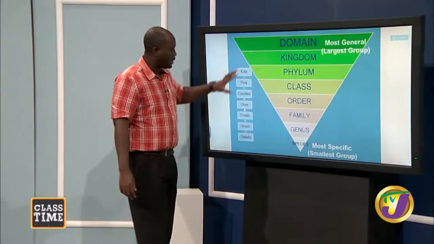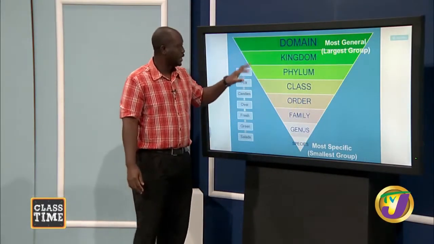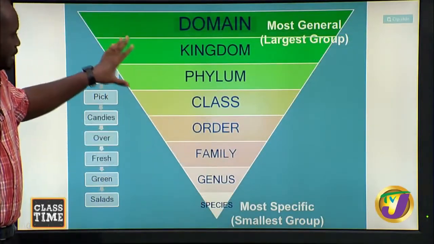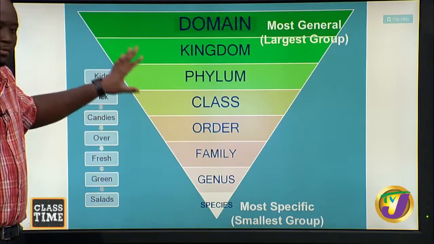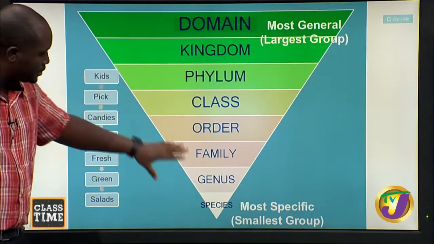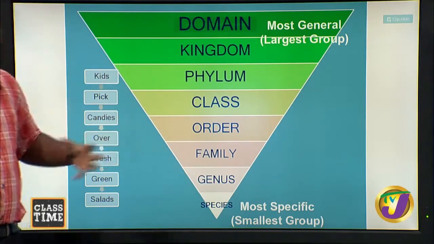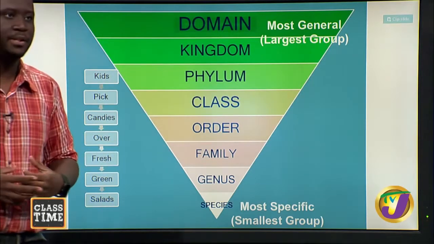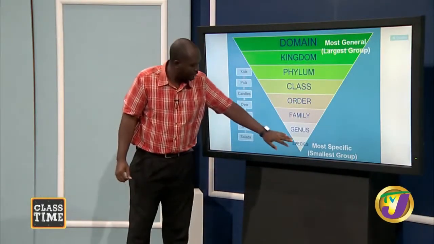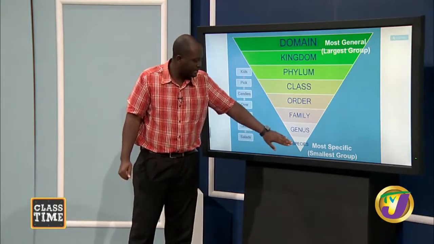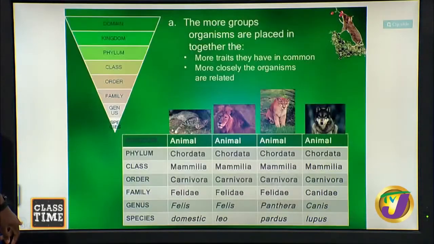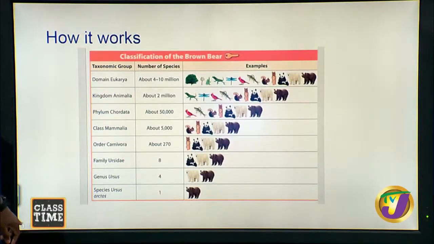Now, as I stated before, as you go down the hierarchy, the number of organisms decreases. This is because as you go down the groups, organisms are becoming more and more closely related to each other, until we get a group of organisms that are so closely related that they can interbreed to produce viable, fertile offspring.